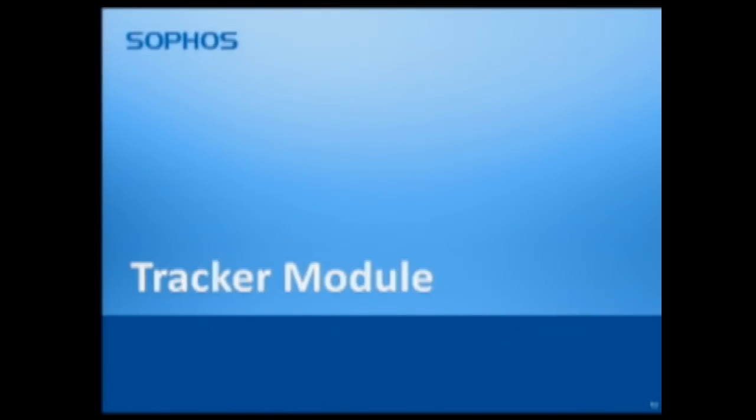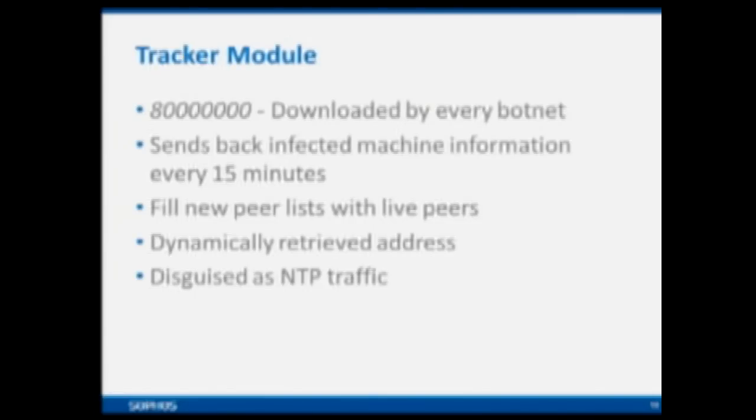So let's take a look at the module files that are downloaded from the peer-to-peer network, starting with the tracker module. This module is downloaded by all 4 of the Zero Access botnets, both 32-bit and 64-bit, and its purpose is to send information back about the infected machine to centralized servers in 50-minute intervals.